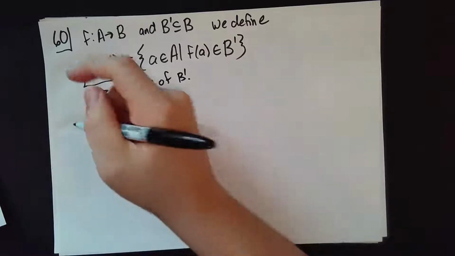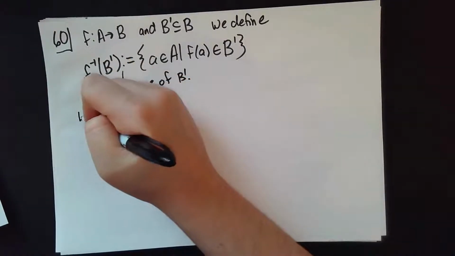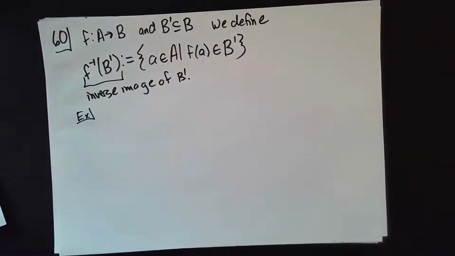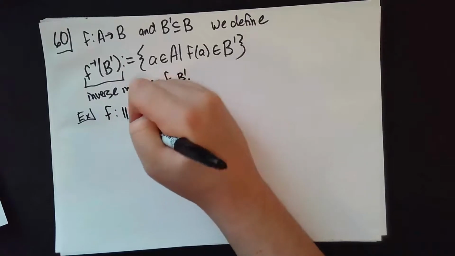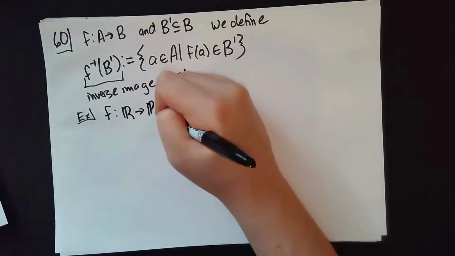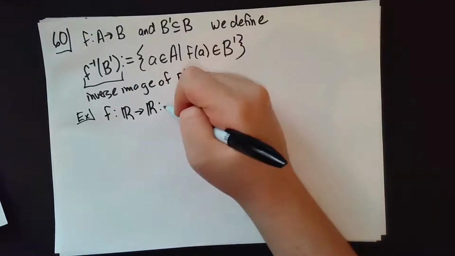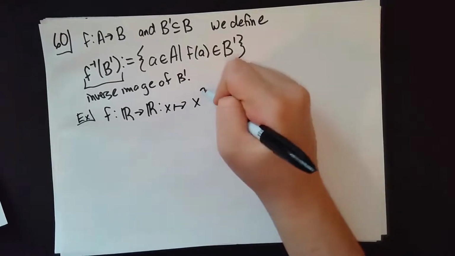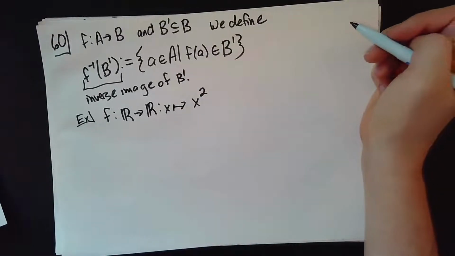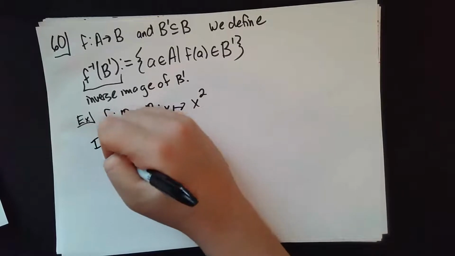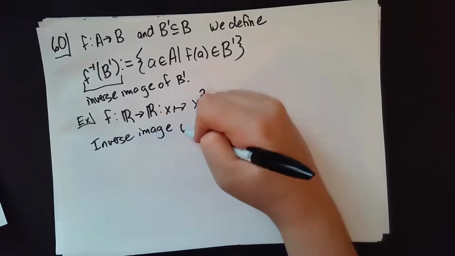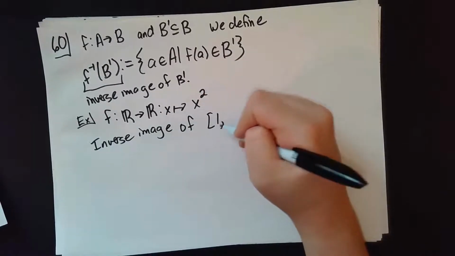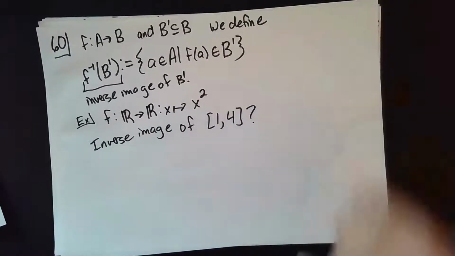Okay, so let's do an example of coming up with the inverse image of something. So let's take f going from R to R. It takes x to x squared. And let's ask, what is the inverse image of the closed interval 1, 4?